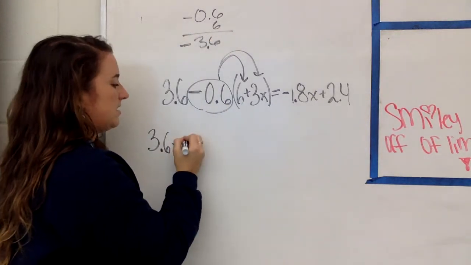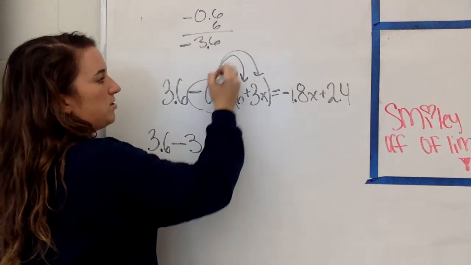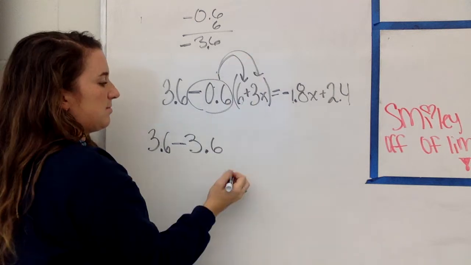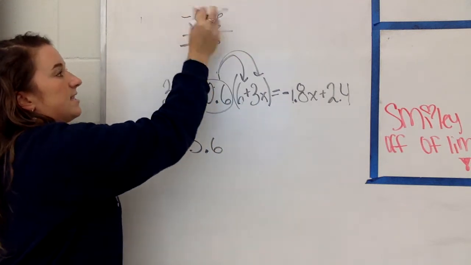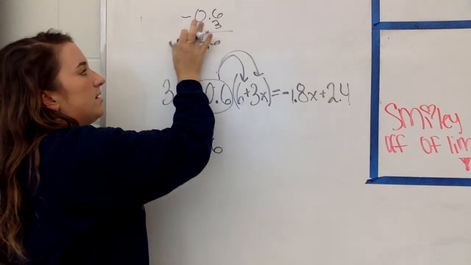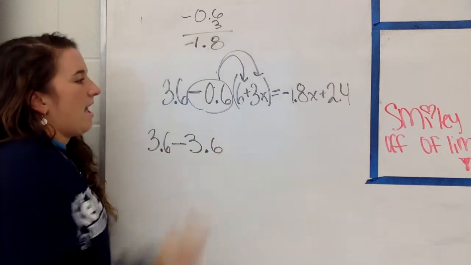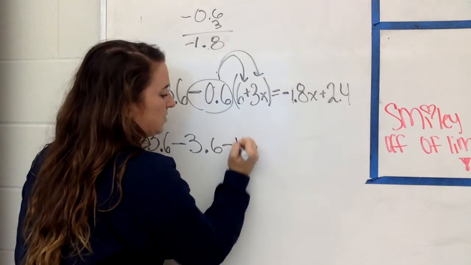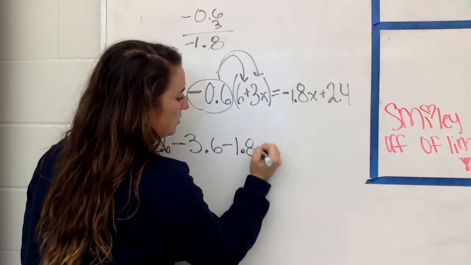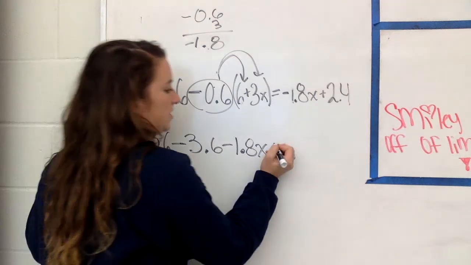So I have 3 6/10 minus 3 6/10. Now I'm doing my negative 6/10 times 3x. So that's negative 6/10 times 3, which will give you negative 1 8/10. So then I do minus 1 and 8/10. Don't forget to include your x. And that's my left side of the equation.